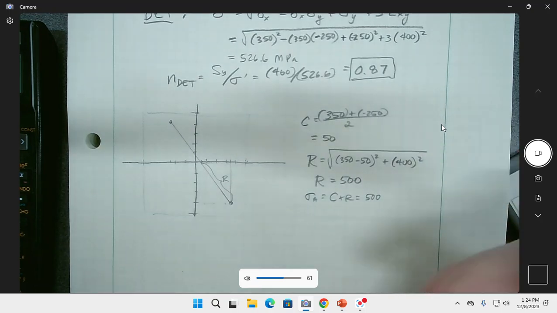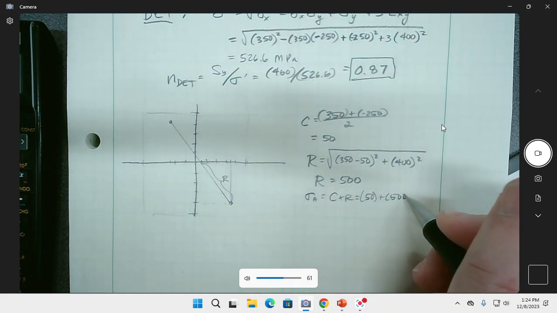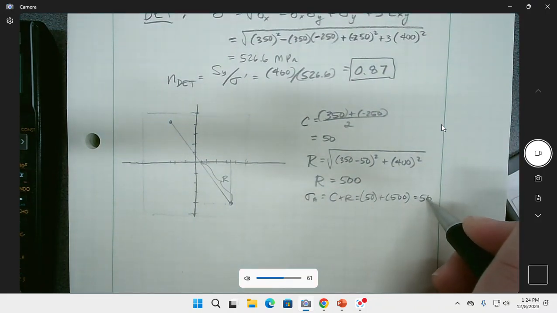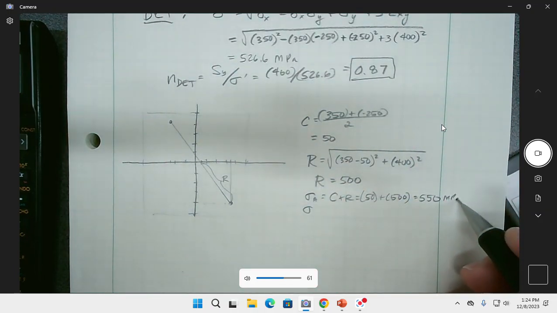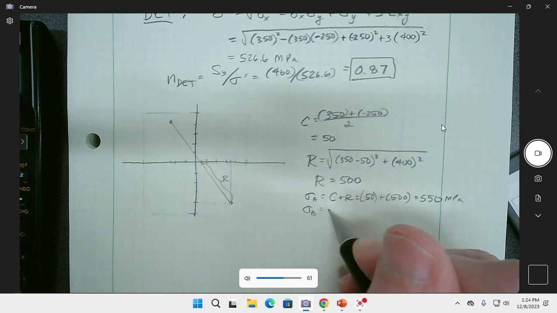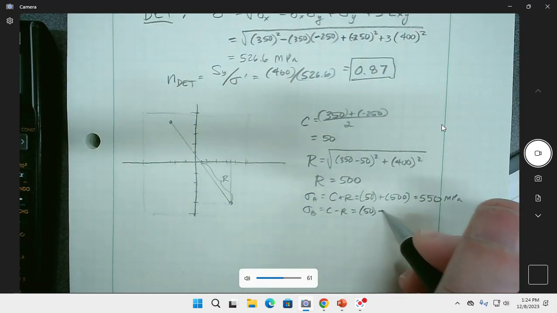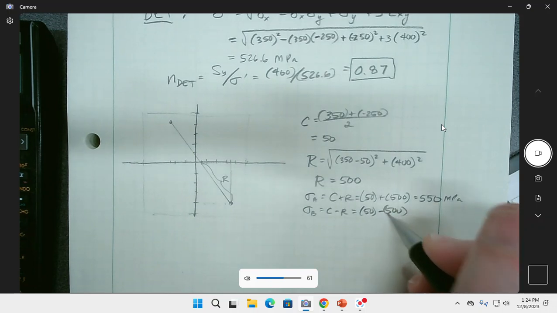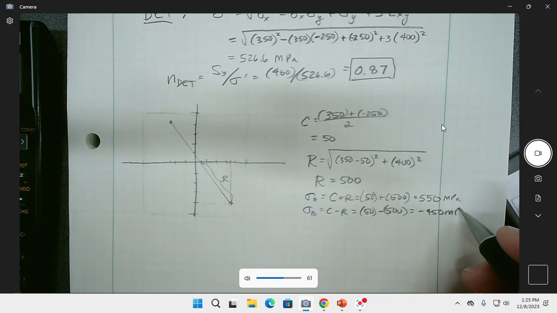Well, it should be 50 plus 500, if I write it like I just did. So 550 MPa. And sigma B is C minus R, so 50 minus 500, or minus 450 megapascals.